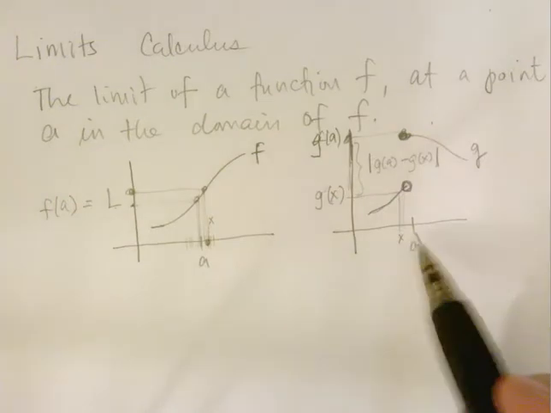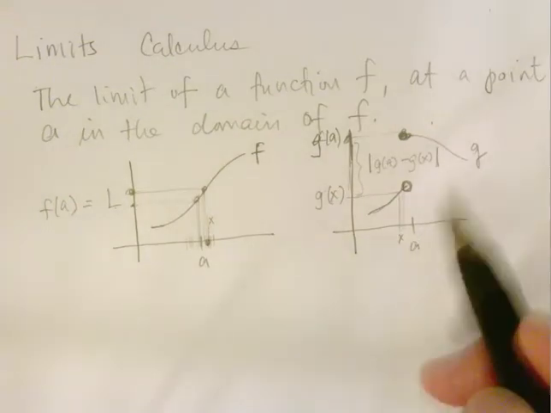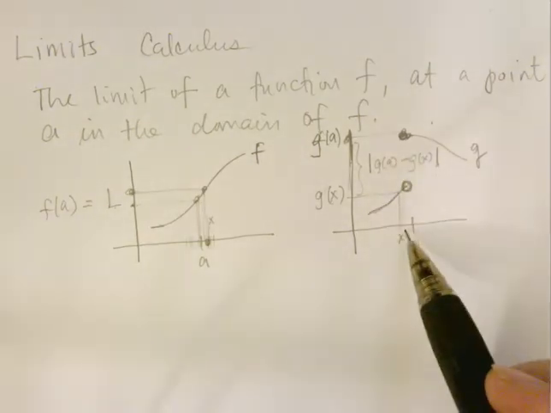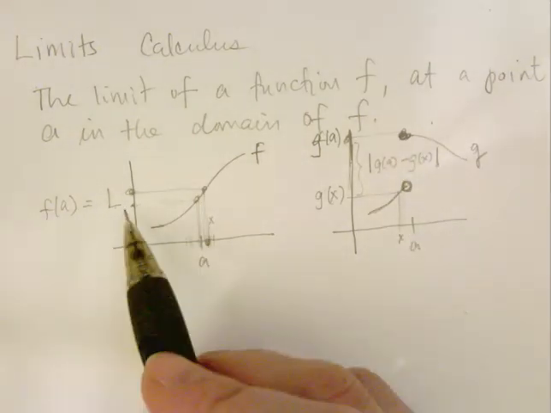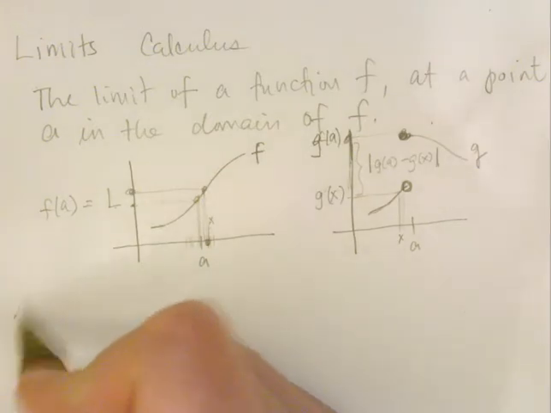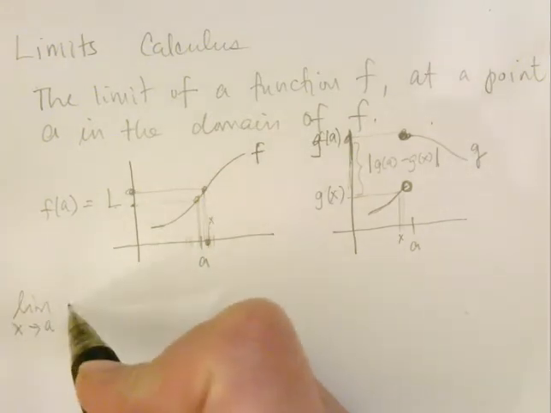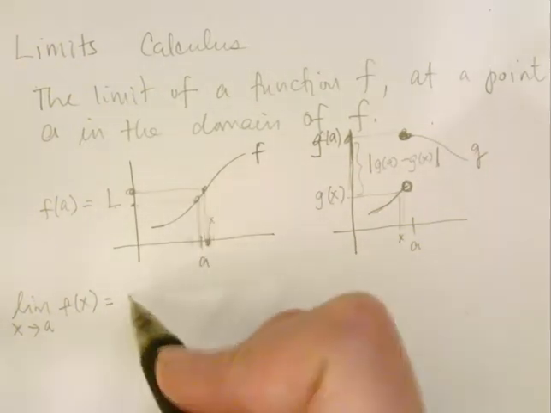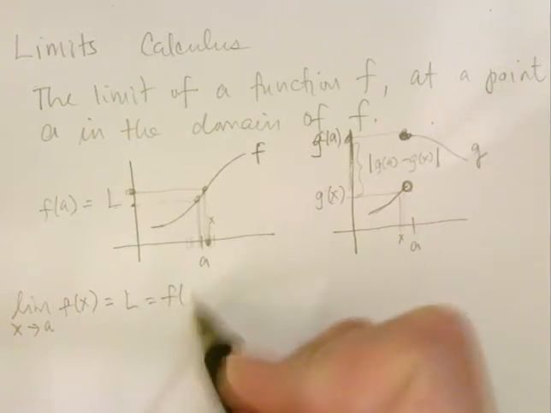So in this case, we say that the limit of g as x approaches a doesn't exist. And in this case, the limit does exist. So here, the limit as x approaches a of f of x happens to equal f of a.